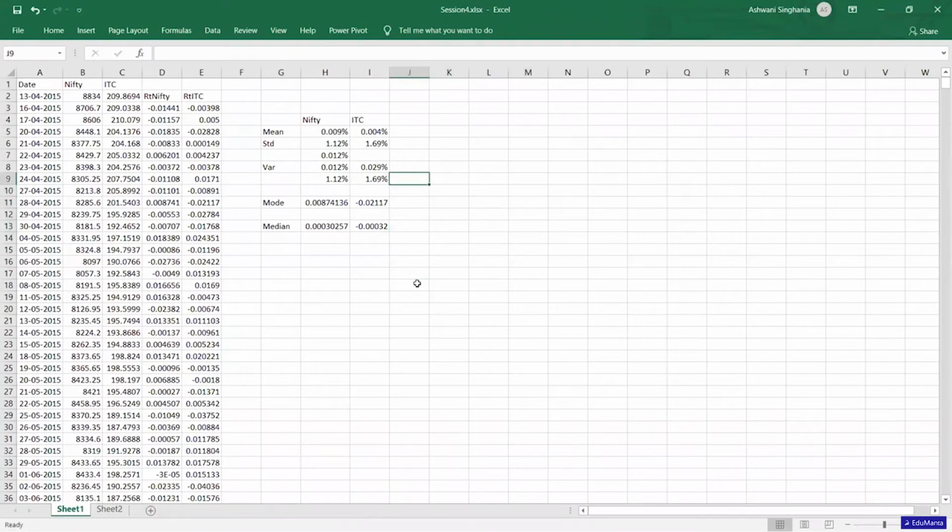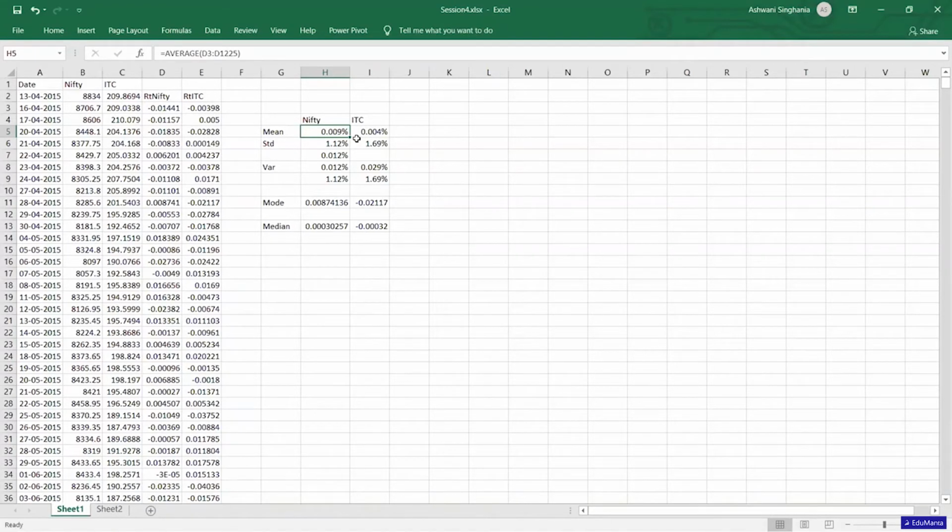Okay, so let's move on now and understand when to use median or mean as the measure of center. So we use mean, for example, I am saying that mean represents, if I am going to invest in this particular share for say 1 day, 2 days, 3 days, the average return that I am going to get is 0.009 if I invest in this share for 1 day.